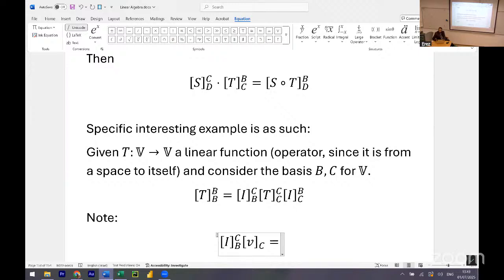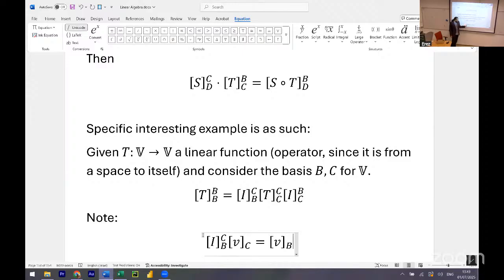V according to B. Exactly. So that means that this matrix is not the identity matrix. It changes the coordinates. So there is such a matrix, and how to find it, we learned.